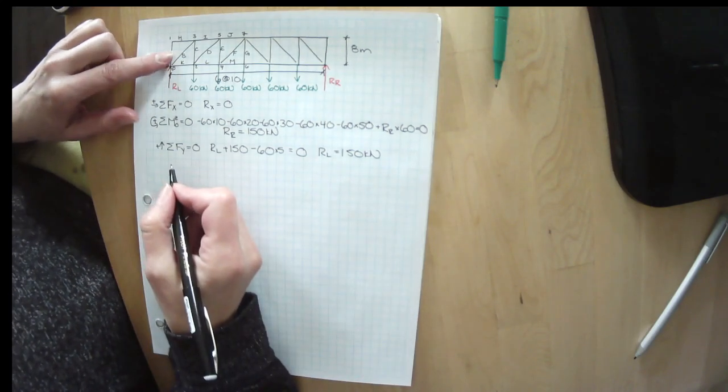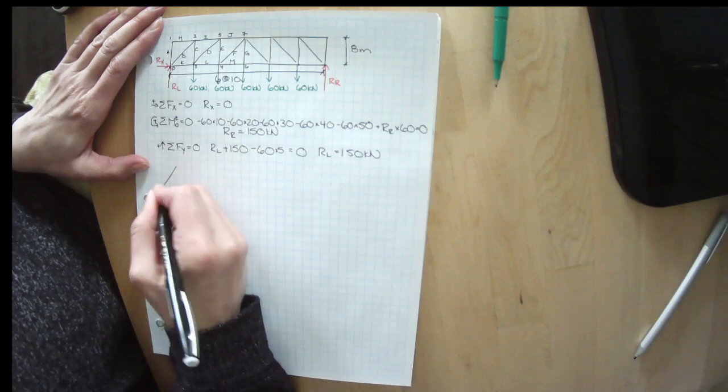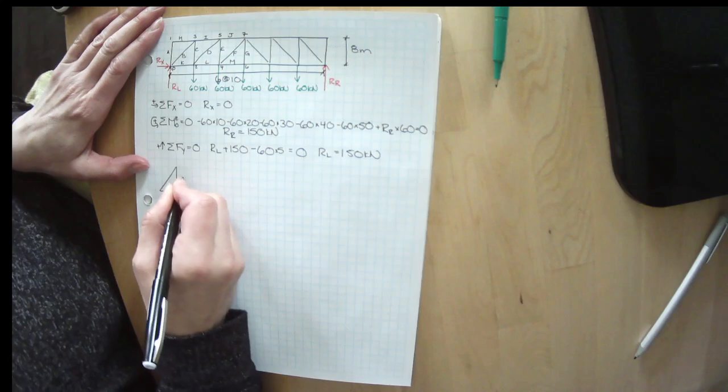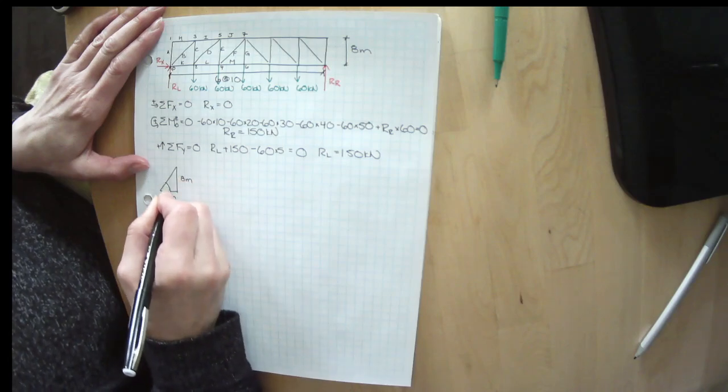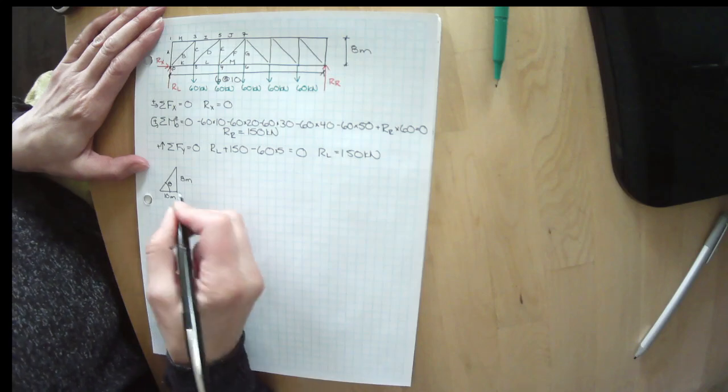So let's figure out what this angle is. We know that we have 10-meter bays that are 8 meters tall, and this is the angle that we want to solve for.